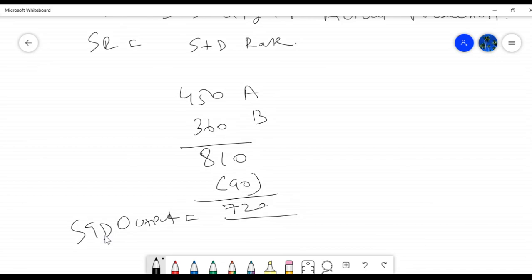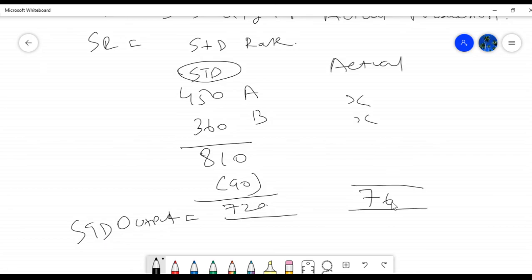Then what about actual? Actual also they give the information. Finally, what is the output they gave in the question? Just go through the question. 760. 760 is the actual output.